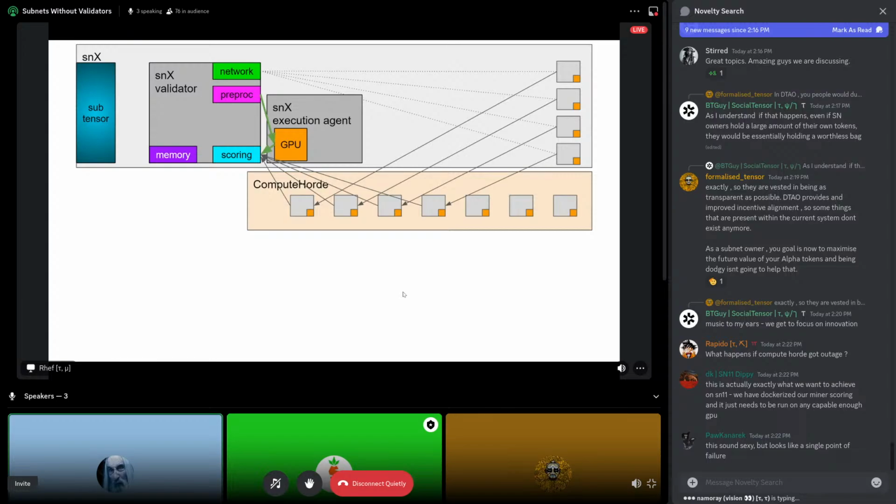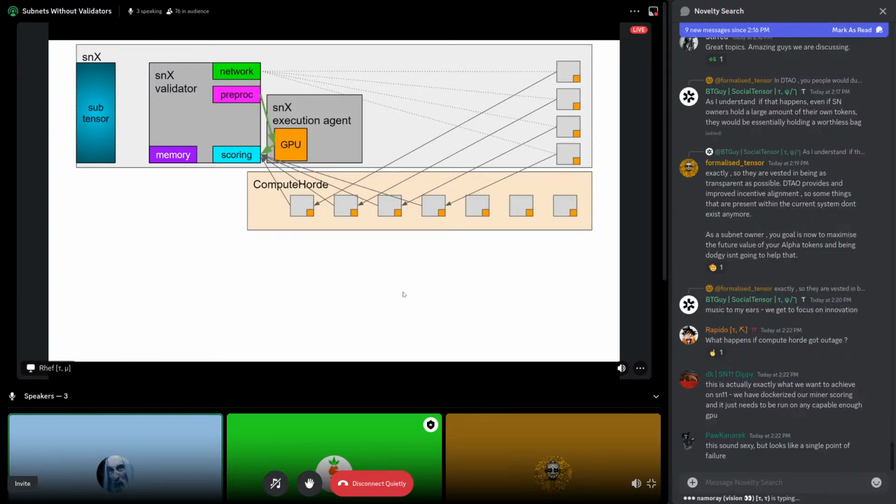So for 100 requests, randomly we select 3 of them and we run them locally. Because the validation will be deterministic, we will come to that in a second, the results of the execution on the local worker and on compute hoard should be exactly the same. If they are not the same, then the validator will realize that the compute hoard miner is cheating.